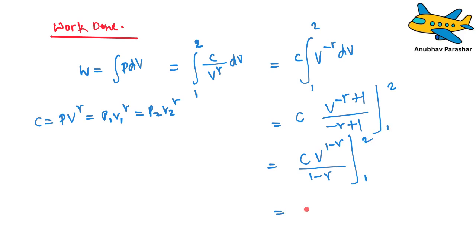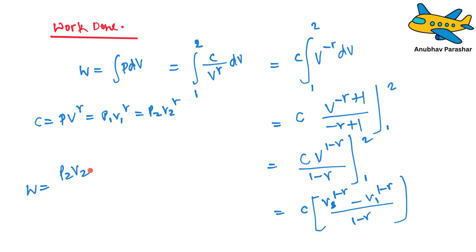So this becomes C times (V2 to the power 1 minus gamma minus V1 to the power 1 minus gamma) divided by 1 minus gamma. If you simply multiply C inside, the work done is equal to (P2 V2 minus P1 V1) divided by 1 minus gamma.